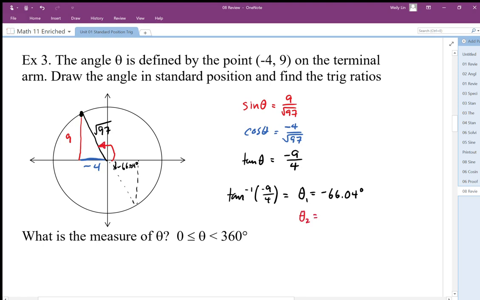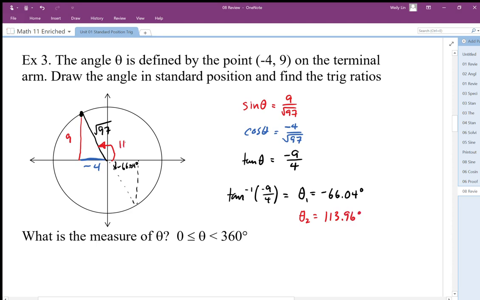Now my theta2 does not come from my calculator. It comes from using symmetry. The symmetry I'm using in this case is the opposite side of the circle, so adding 180 degrees. And I end up with 113.96 degrees.